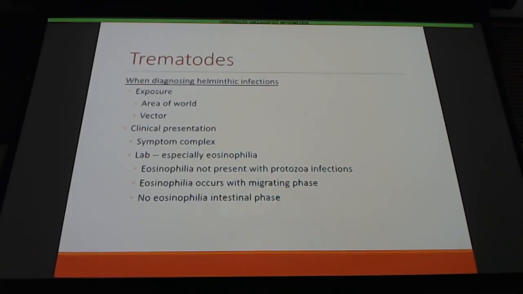Prior to that, we usually don't, or it's very mild. So we have to be careful exactly when we catch it. If we catch it too early, you may not get any. If we catch it too late, you may not get any eosinophilia. It usually occurs during the migratory phase. When it's just hanging out in the intestinal tract, we're not going to have any eosinophilia.